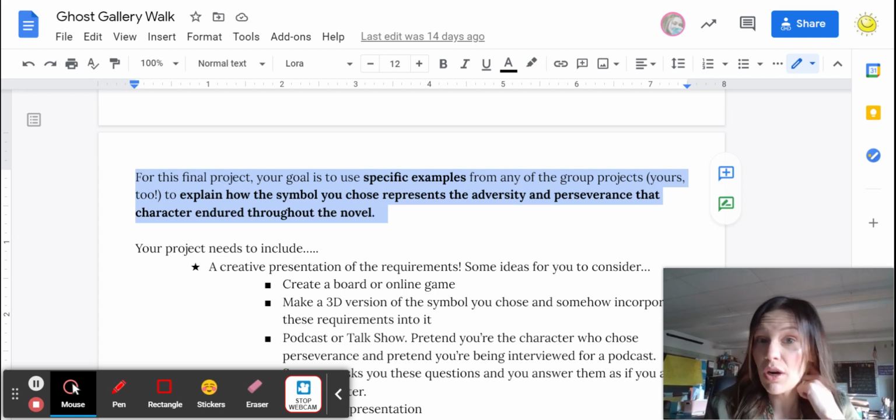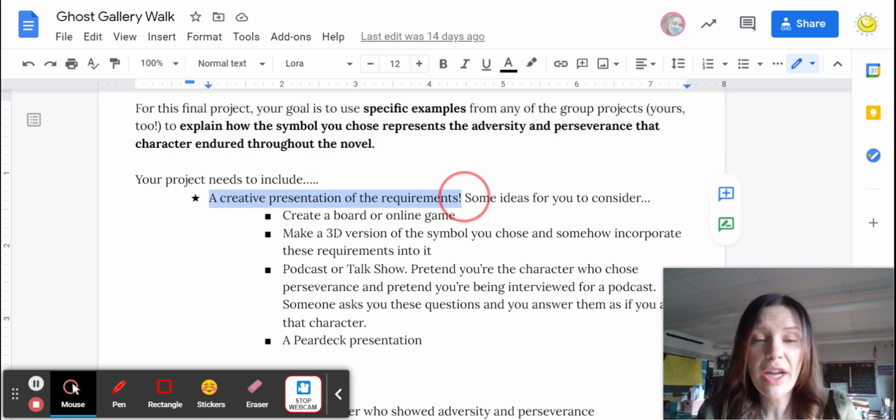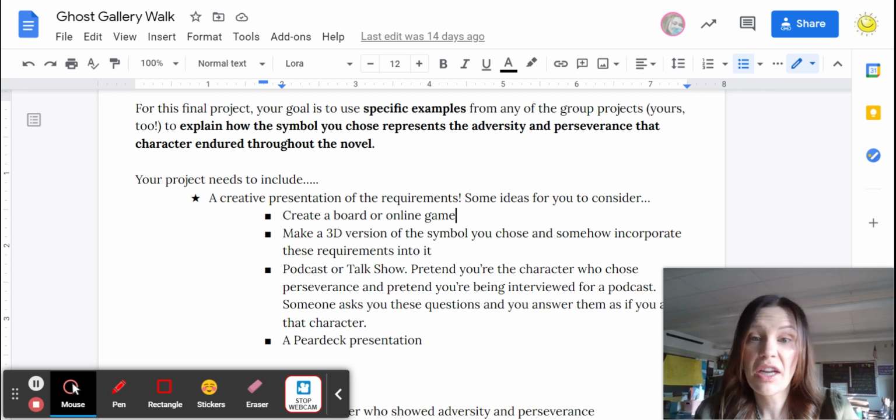So now let's get then into more of the specific details that your project needs to include. Your project needs to include a creative presentation of the requirements. Here are some ideas. You could, depending on how good you are with technology, create an online game. Or if you're an in-person student, you can create a board game.